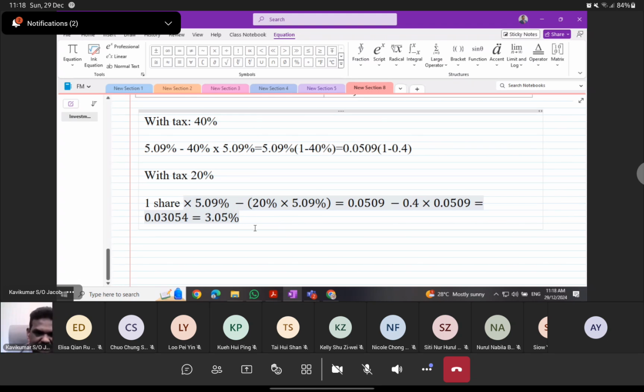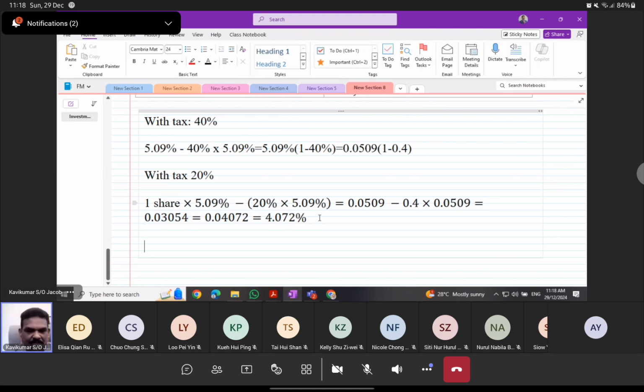It is 0.04072, so this is actually 4.072%. So without tax, how much can you earn?